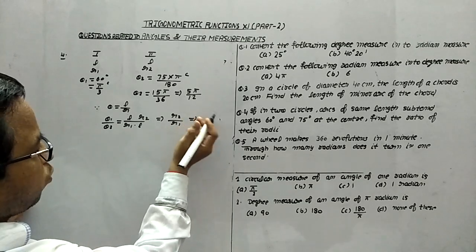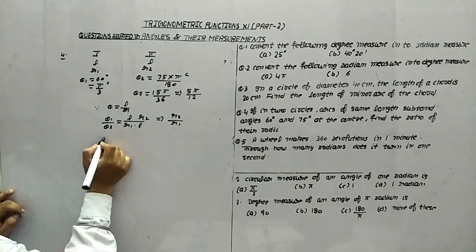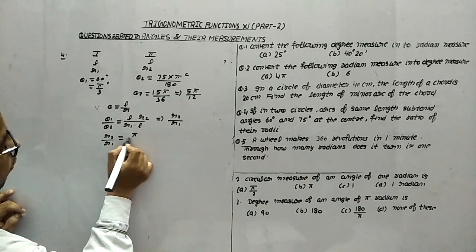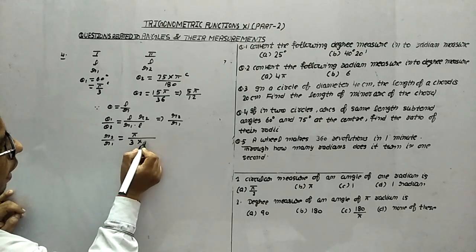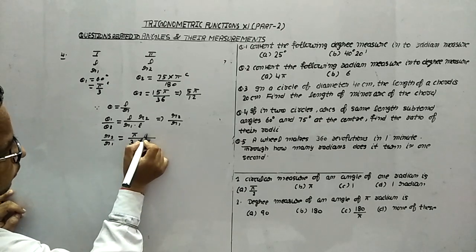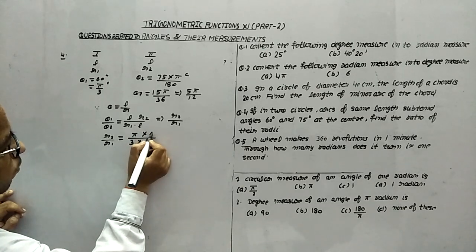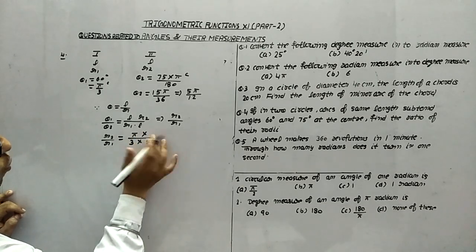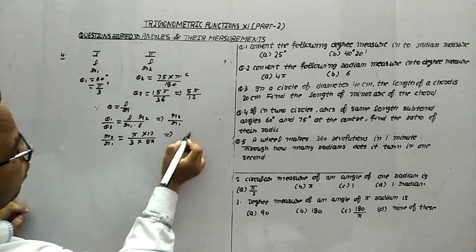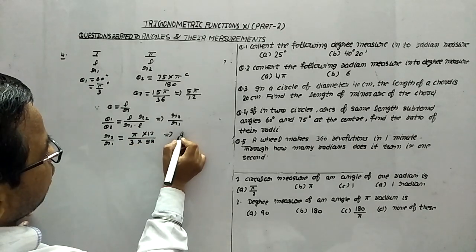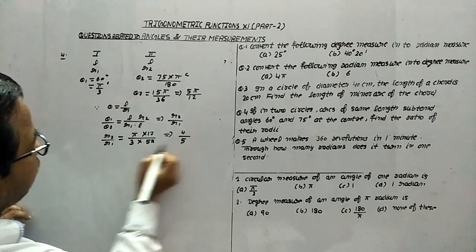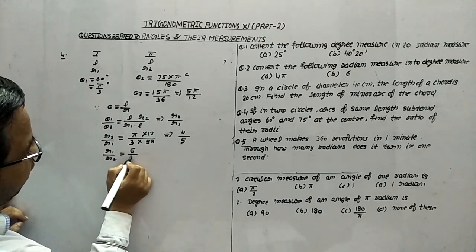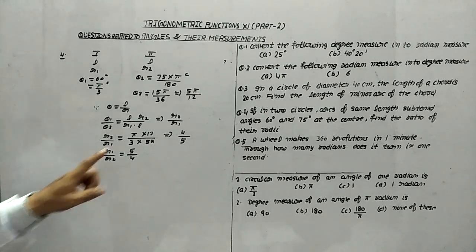What is R2? Unknown. So you can start from here. Therefore R2 upon R1, substitute the value of theta 1. This is pi upon 3, and this is 5 pi upon 12. So now what we will get? This is 4 upon 5. Therefore R1 upon R2 ratio is 5 by 4, and this is the answer.